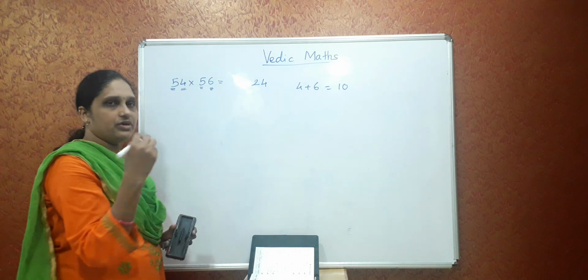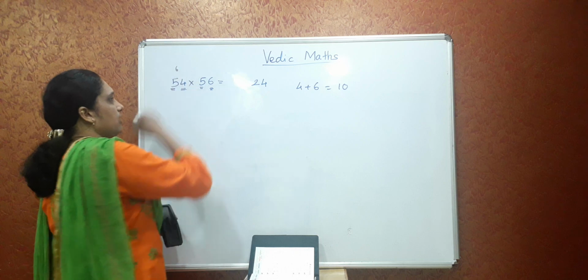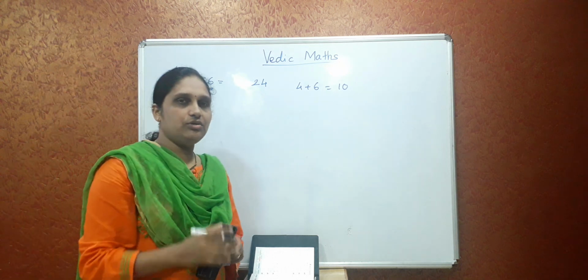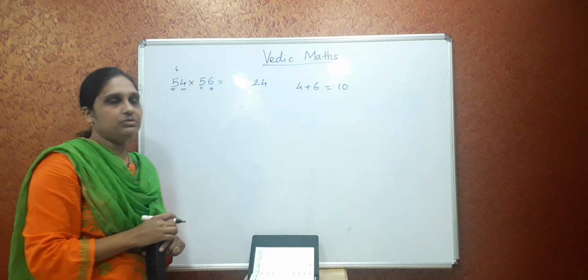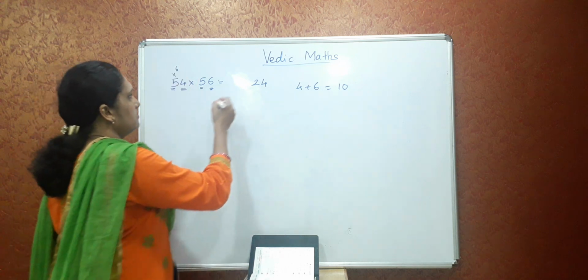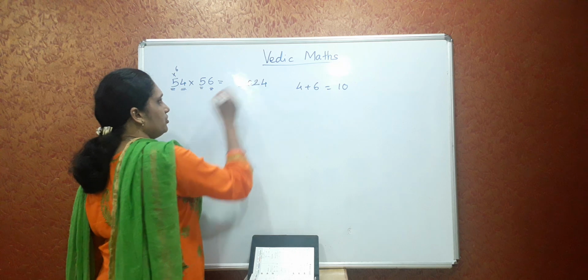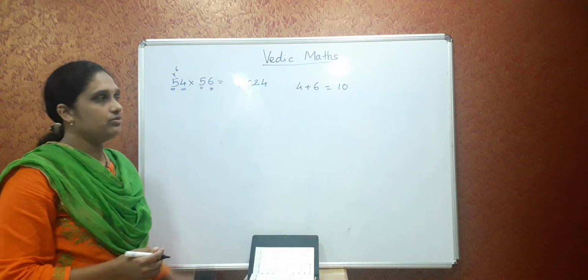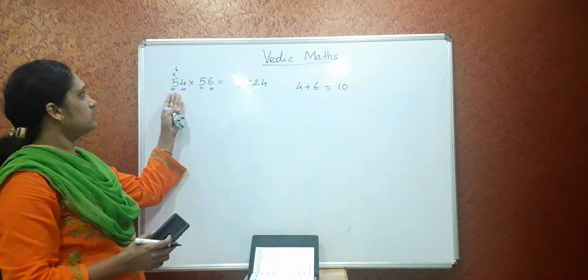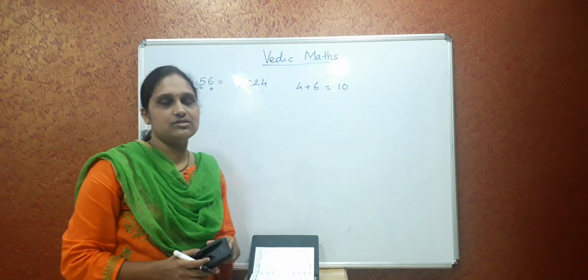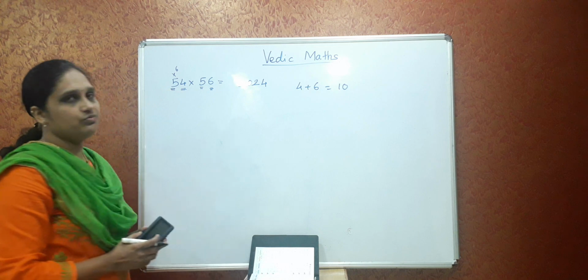Firstly you will write it here, and as you practice you can do it mentally. Now 6 and 5 we have to multiply. 6 fives are 30, that you put on this side. So ready, your multiplication: 54 into 56 will be 3024. You can check with the calculator.